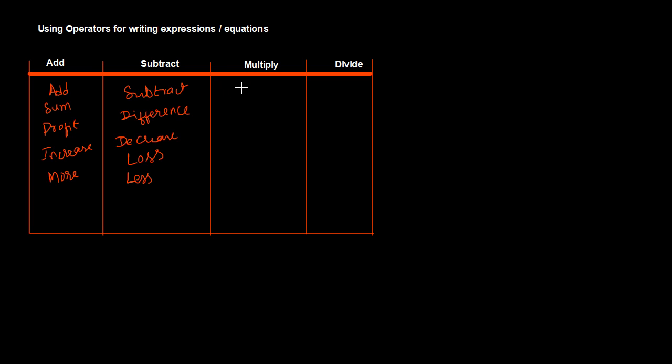Let's look at multiply. We have seen one or two examples in the previous videos where I use the word times. Times says it's multiplication. So I have 2 times any item than someone else, so I'm going to multiply that by 2. If not, what is the other word you use? The usual word, product. Product is another one.